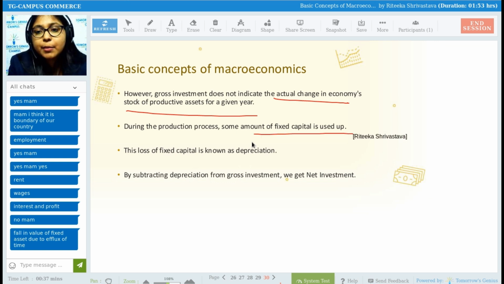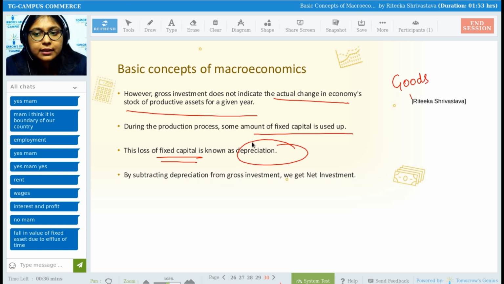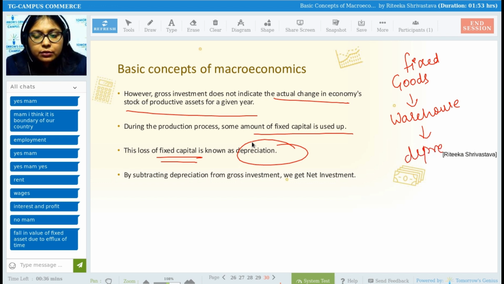During the production process, some amount of fixed capital is used up. The loss of fixed capital is known as depreciation. The goods are in stock, in the warehouse, kept as they are, not sold yet. As we know, the value of fixed goods or fixed assets keeps on falling, so we are going to get the allowance of depreciation, right?